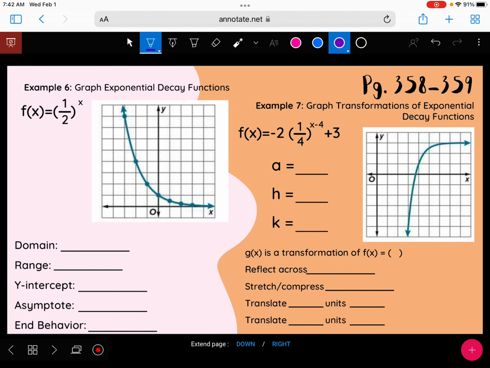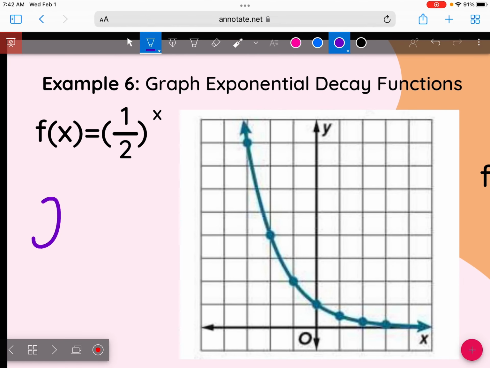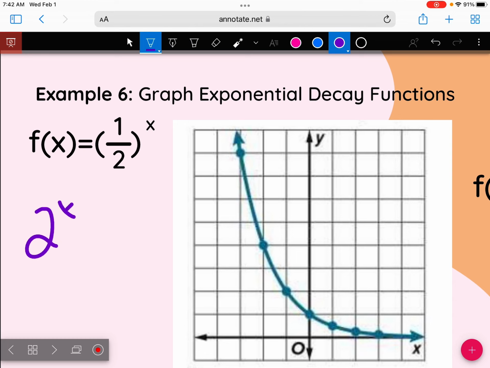This is our last example of today. We're just going to work through example 6 and 7 real quick. So in example 6, we're looking at domain, range, y-intercept, asymptotes, all of that. So looking at our 1/2 to the x, remember when we talked about parent functions yesterday? Our parent functions for exponential growth looked like 2 to the x, 3 to the x, 4 to the x, and so on.